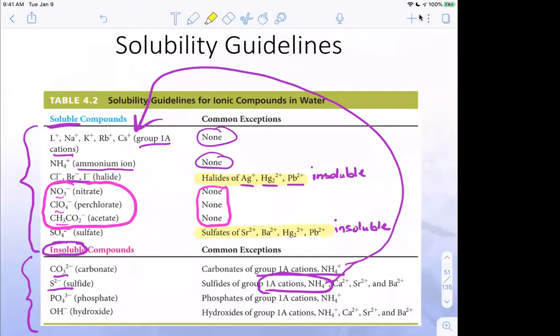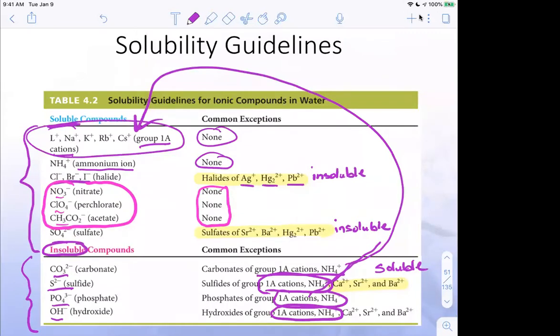There's also a couple of others, and these exceptions are soluble. Phosphates are generally insoluble except group 1A, which goes back up to our rule number 1. Hydroxides are generally insoluble except for my 1A cations.